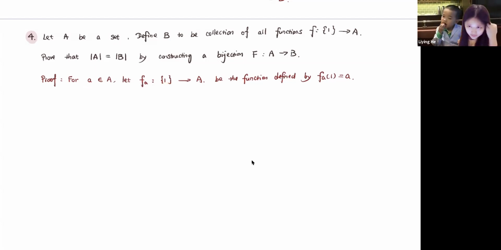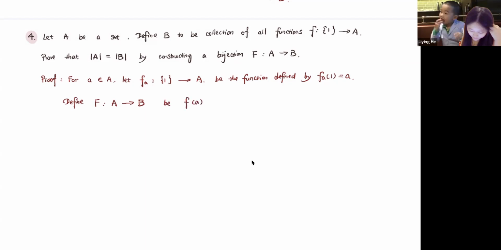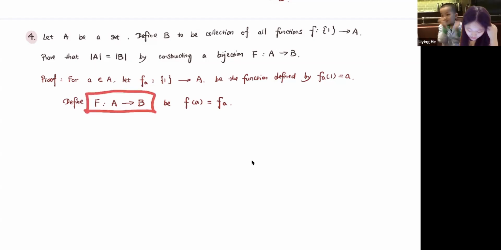So let's do that. And then now let's define our function f, which maps from A to B. f of a equals this function f_a. Why do I do that? Because the B here is a collection of functions. So when you do this mapping, your image is always functions.